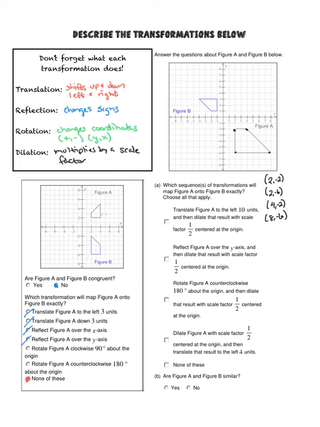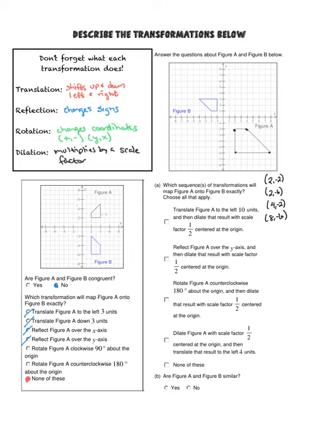So first of all, if we're going to do anything to transform, to put figure A over figure B exactly, you're going to have to dilate it. It has to be dilated. Do you see that? Figure A is larger. For figure A to be transformed somehow on top of figure B, figure A must shrink.